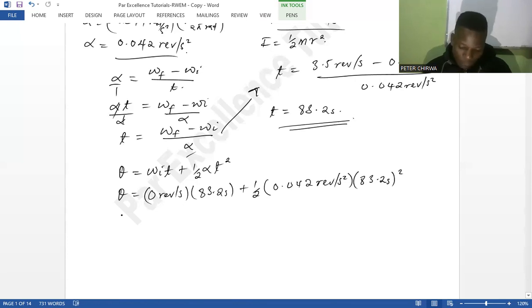So the first term here we're going to get is 0 because we are multiplying by 0 there. So everything you multiply by 0 becomes 0. So the far end here is giving us 145.367, and so on.